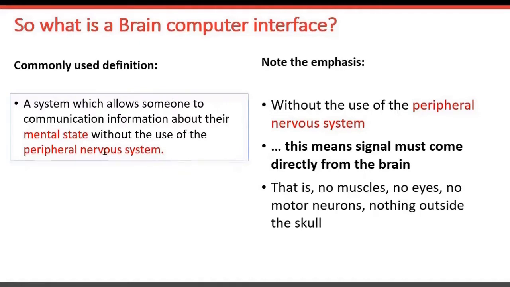So without the use of the peripheral nervous system is one of the important things. So the information should come directly from the brain. Right? This means, again, we need to record brain activities only to convert into control. Peripheral nervous system means no muscles, no eyes, no motor neurons, nothing outside the skull.